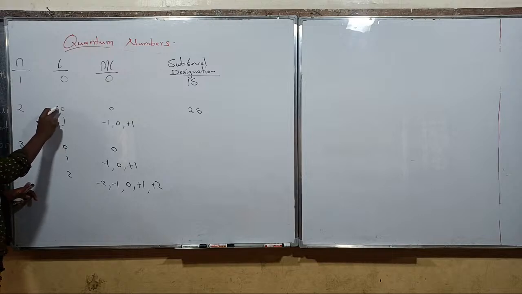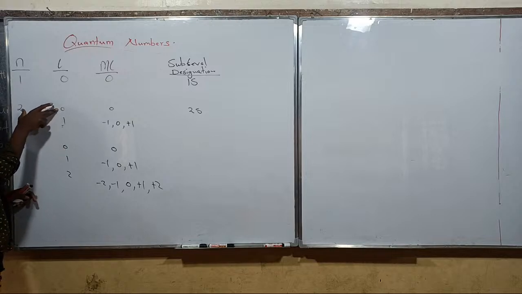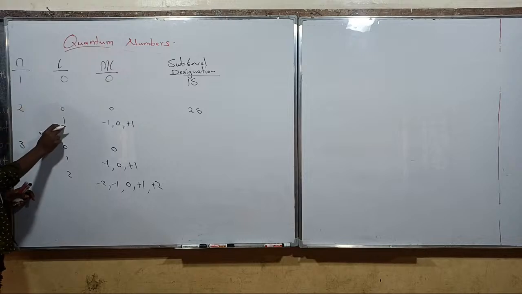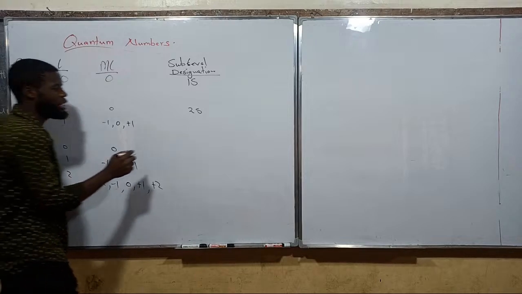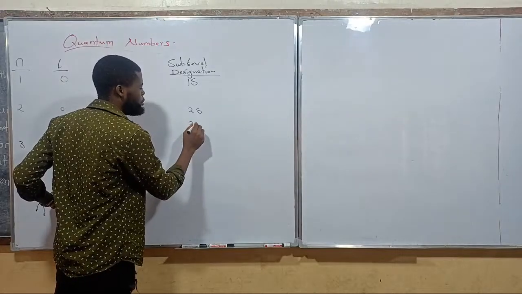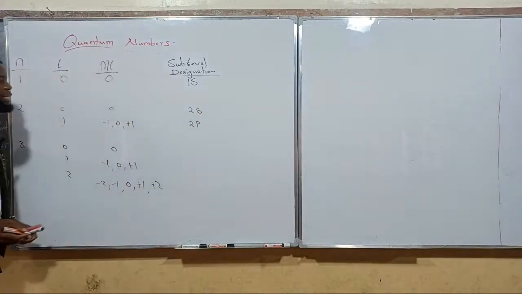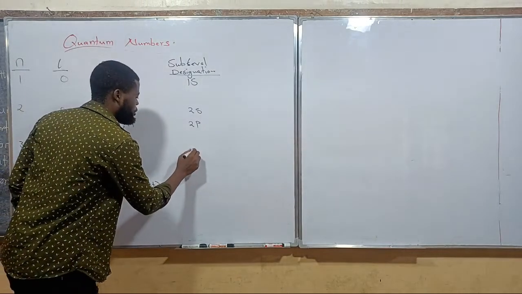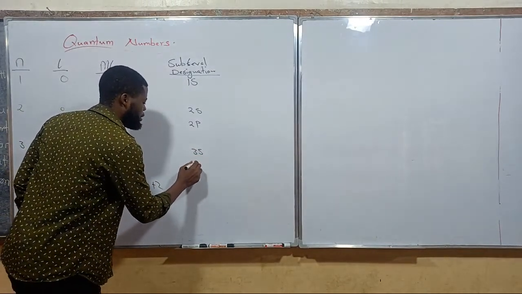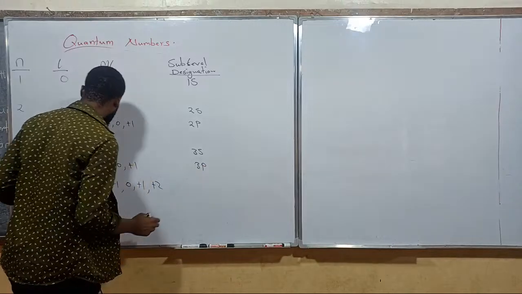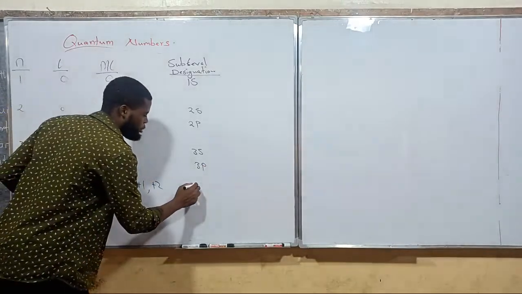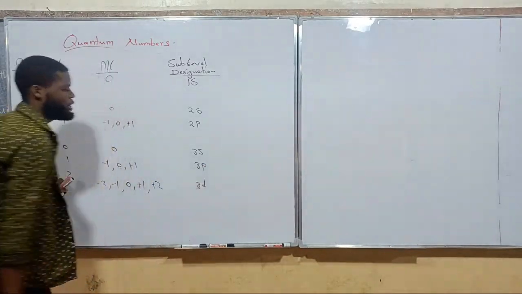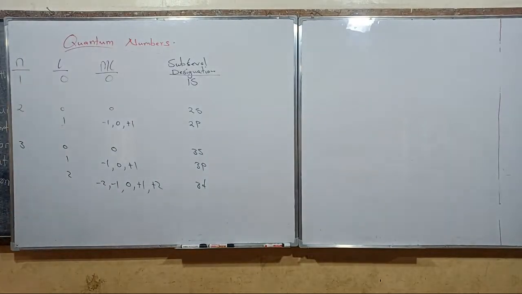So for 0, it's s, so the designation becomes 2s. For 1, it's p, the designation becomes 2p. You get the pattern. You're going to have 3s, 3p, and because we end up at 2, we're going to have 3d like that.